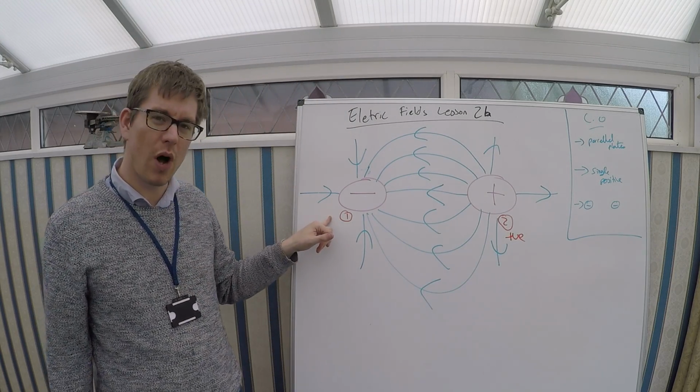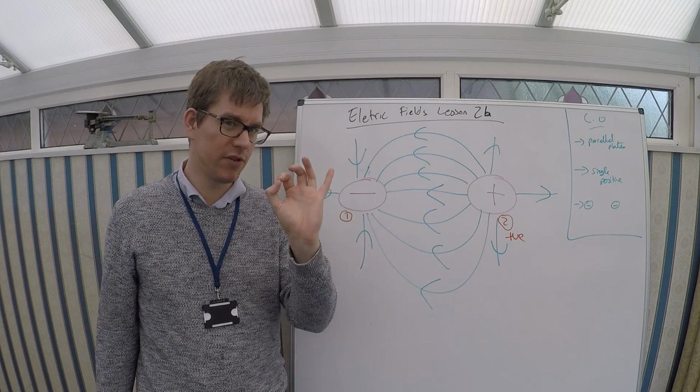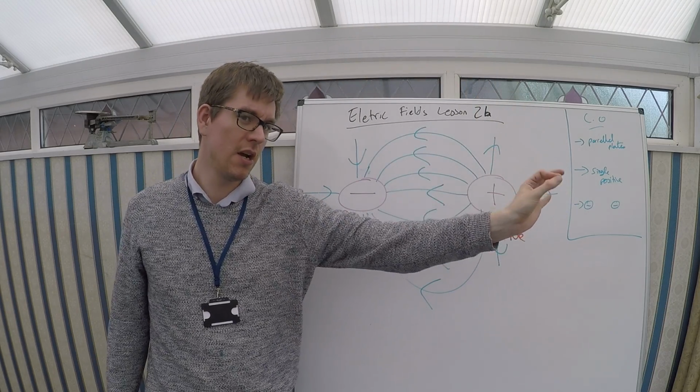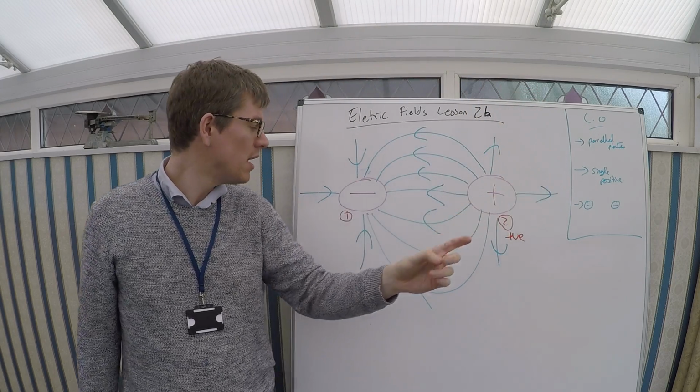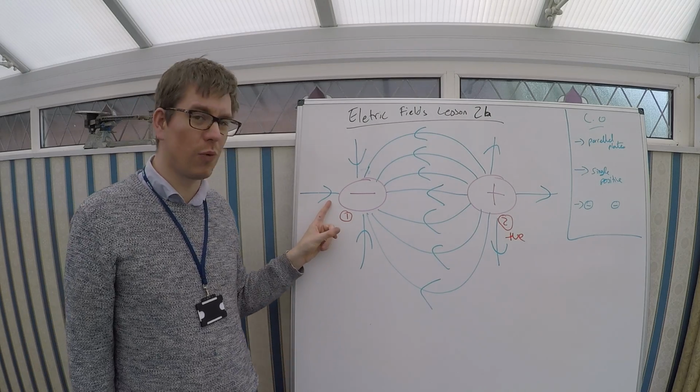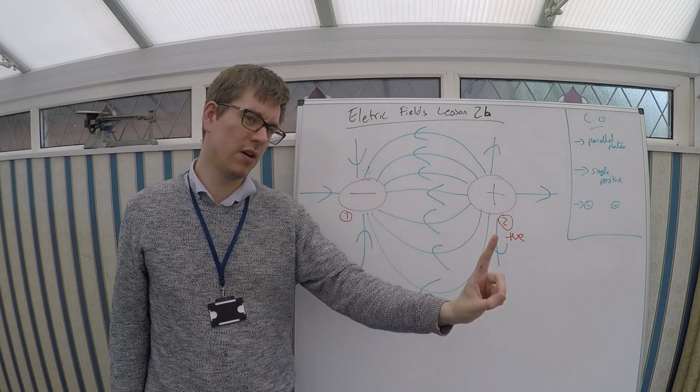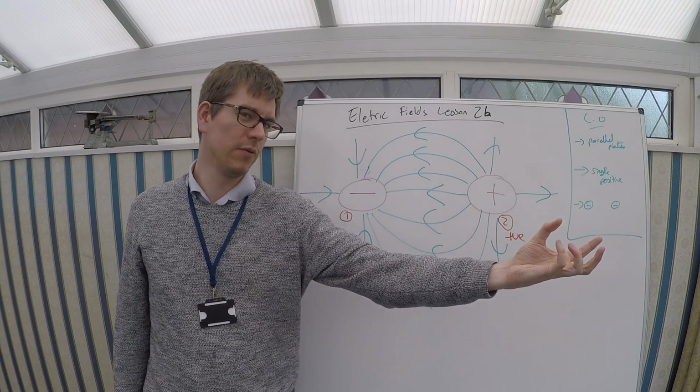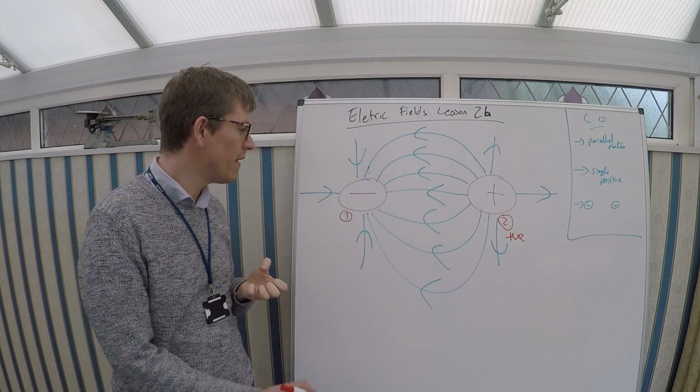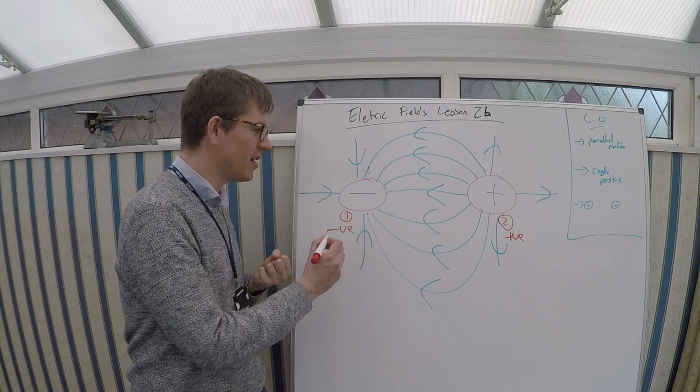Whereas to get to point 1, if you're a test positive charge, you're starting at infinity, where potential is 0, you're actually going to be pulled towards this, so rather than having to do work on the particle, the field will do the work for you, therefore this one is going to be negative.